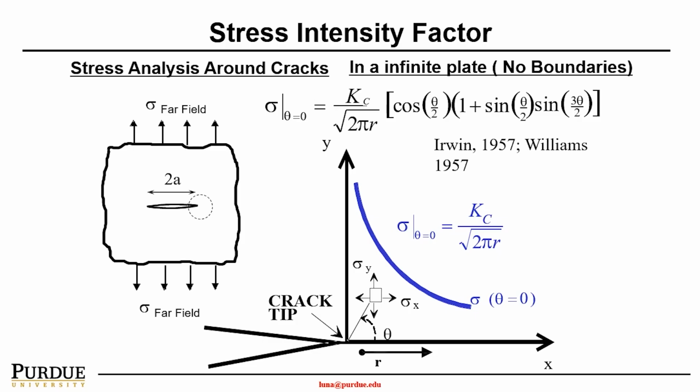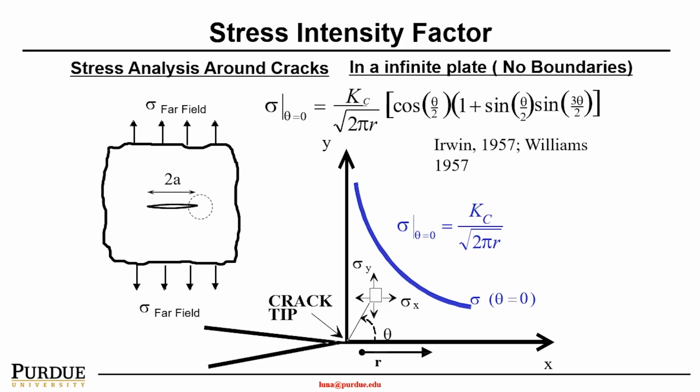So therefore, there is another study method called the stress intensity factor. The stress intensity factor is very different from the stress concentration factor. The stress intensity factor looks at the stress analysis around the crack in an infinite plate, which means there is no boundary condition for the stress.